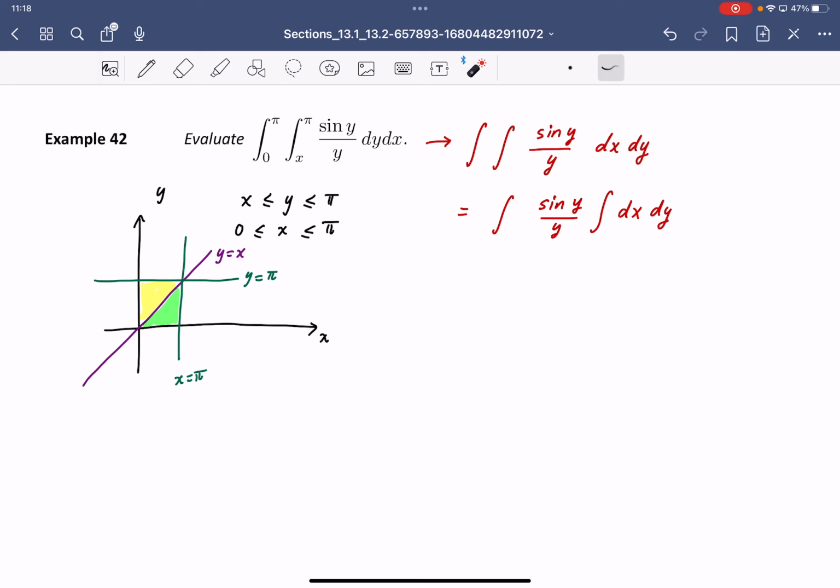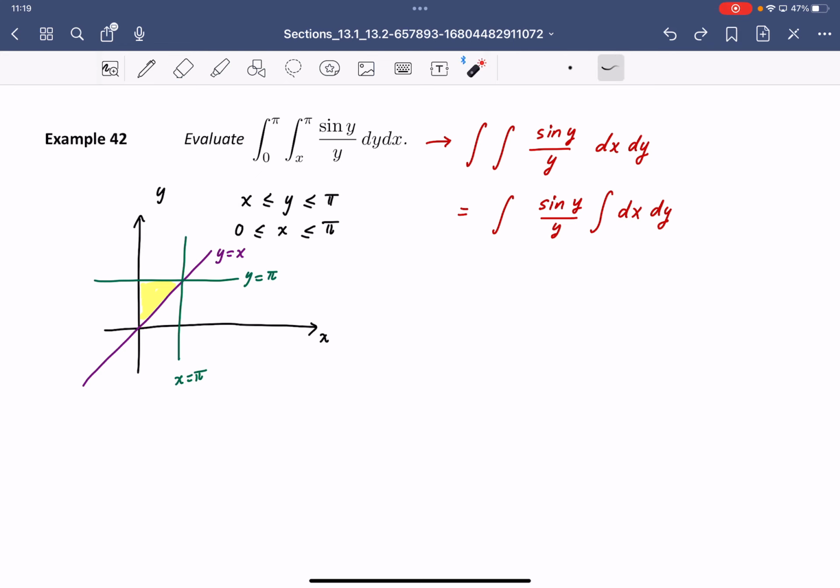Again, one more time, you know it because you start y from x to pi. So it means you use y equal to x as the bottom curve, and the top curve is this one. So basically you are working with the yellow piece, not the green one. Does it make sense? Yes. And now you switch it to dx dy.